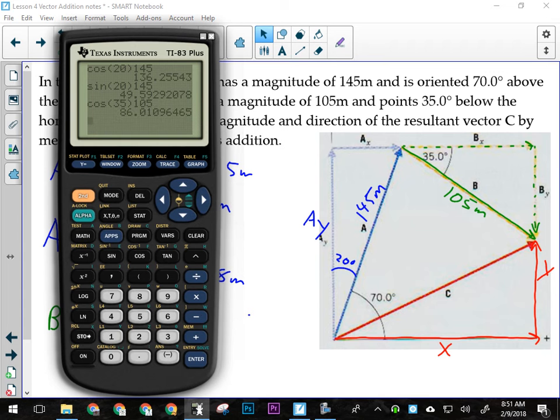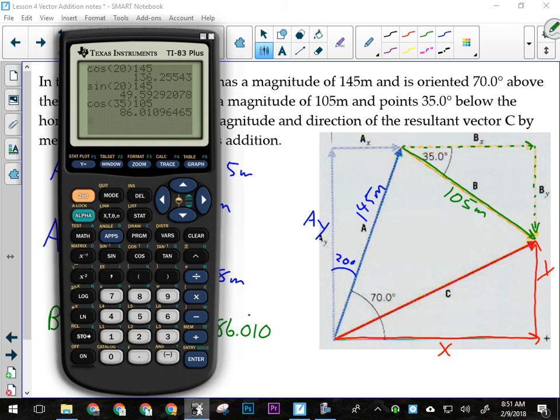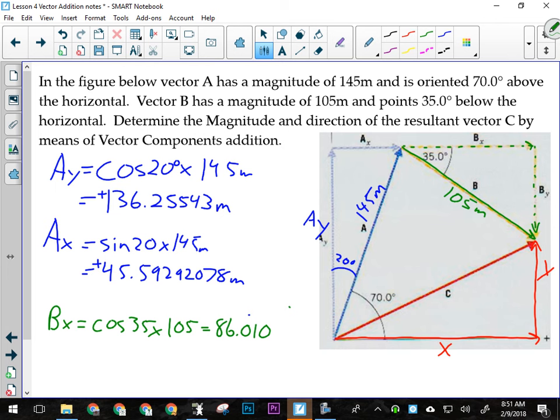All right, so that's going to be 86.010465 meters, and that is also to the right, so it's positive.